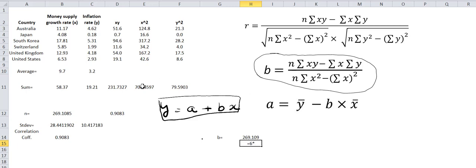So sigma of x square is right here, minus sigma x square, which is this multiplied by this. So this will be my denominator, and this number will be my numerator. If I just get the ratio, that will be my b, which is the slope of the line. So this is my b value, which is 0.33268.